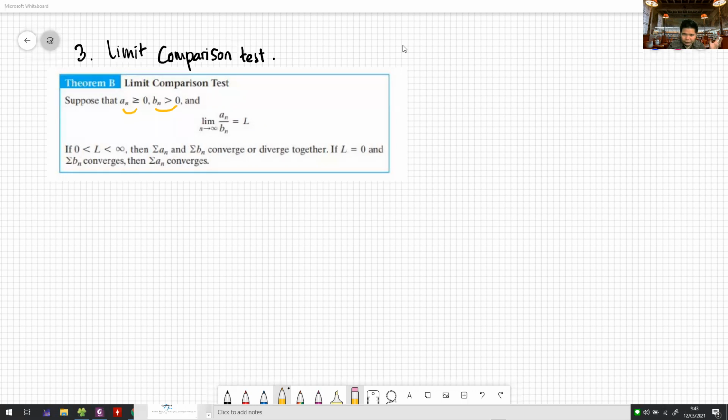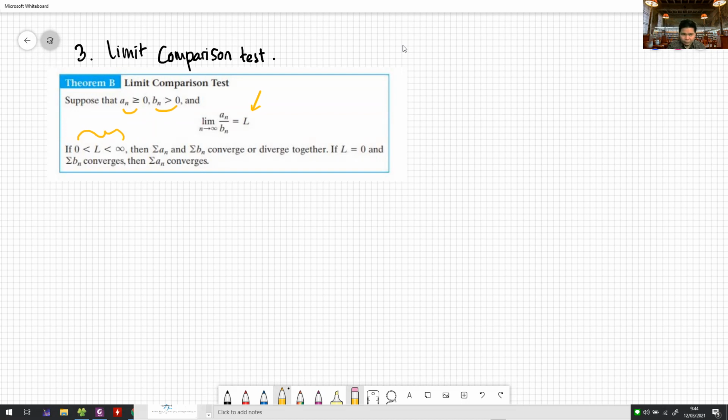Let's say the limit exists and it is L, and L is positive and finite. This means it goes to some number, greater than 0, not 0, and less than infinity, meaning it is finite. So L is some positive value.